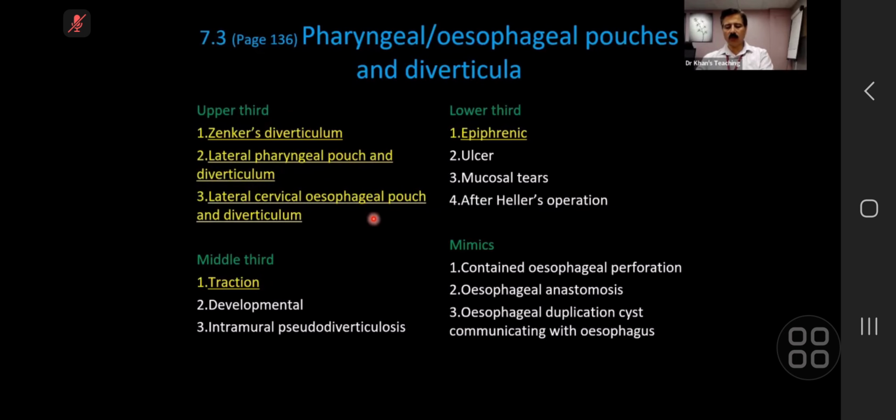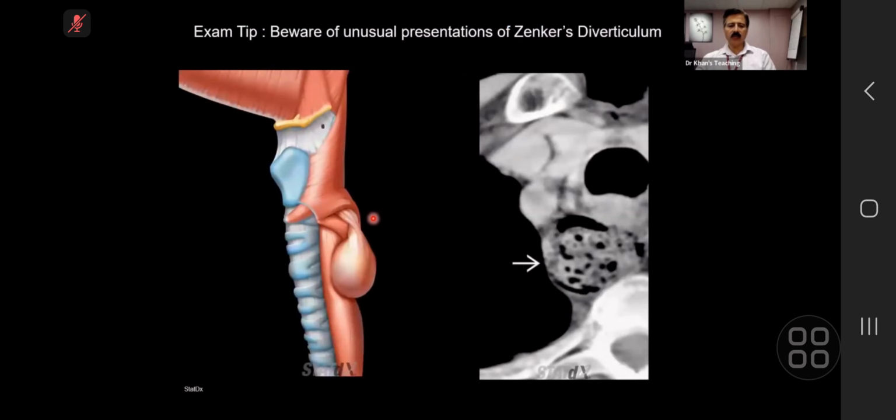In Zenker's diverticulum, what happens is that there is a point of weakness in between the inferior constrictor and the cricopharyngeus, and it projects laterally or posteriorly. But in the exam, they will show you unusual presentation of a Zenker's diverticulum.